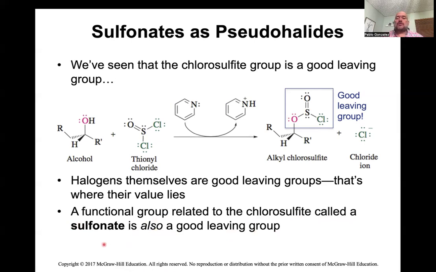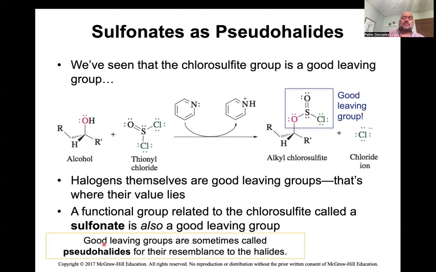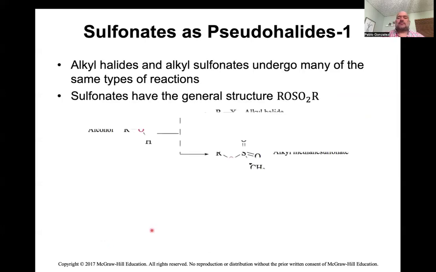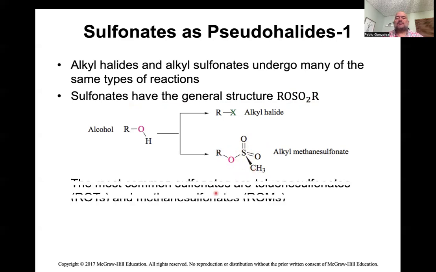Sulfonates have the general structure ROSO2R. This one is the alkyl methanesulfonate.